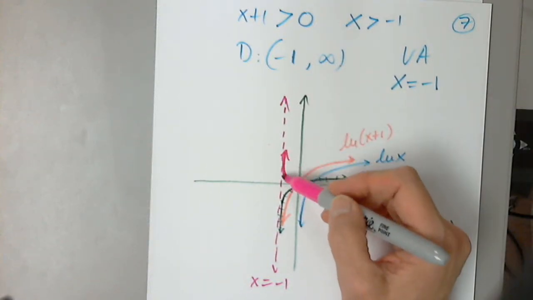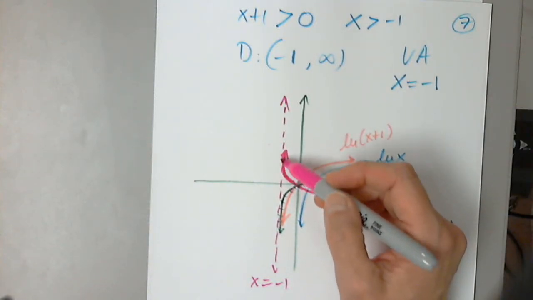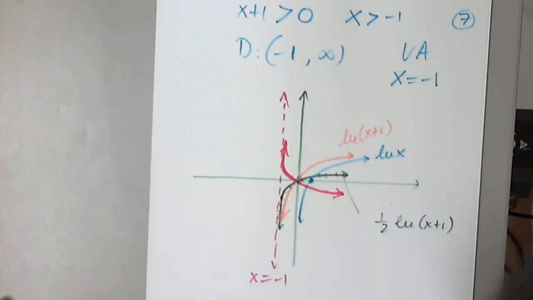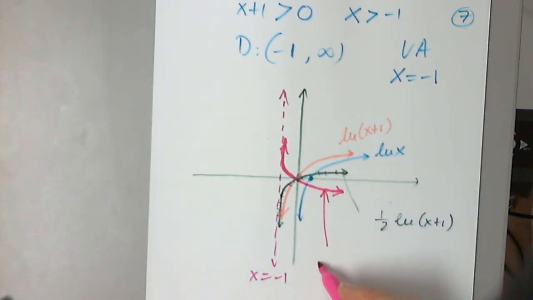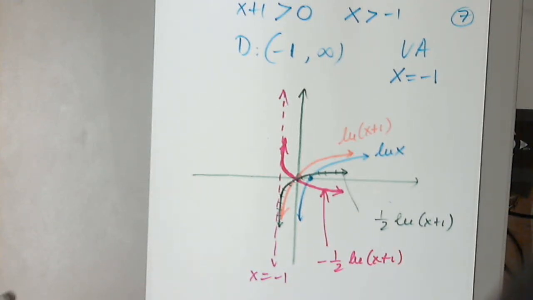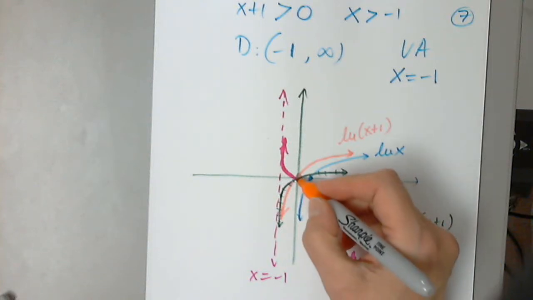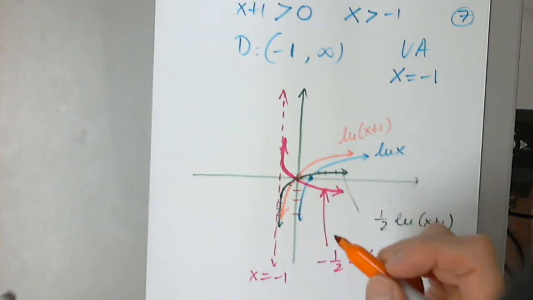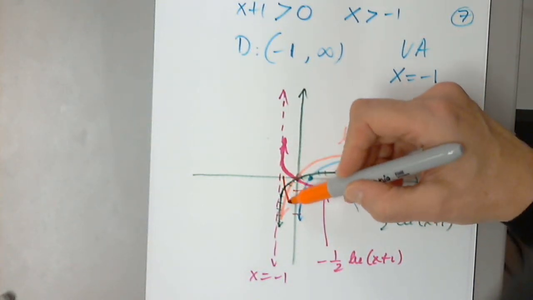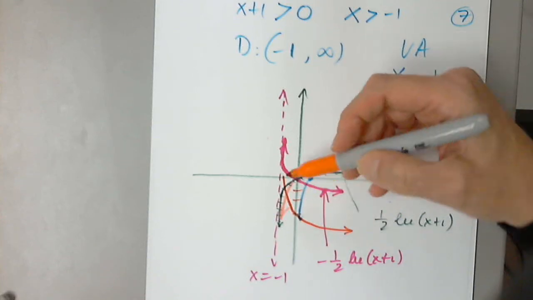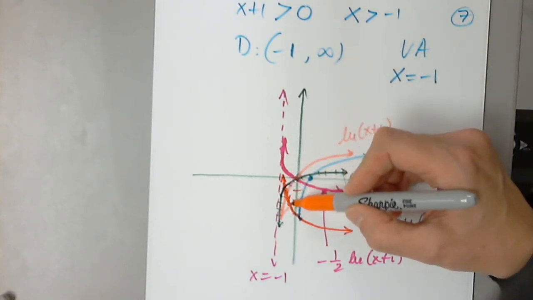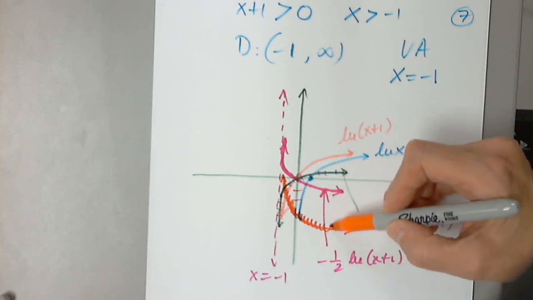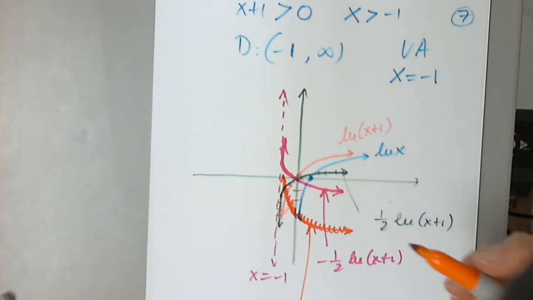It does not touch the vertical asymptote, please. It goes all the way, but not touching it. So this is negative 1/2 natural log x plus 1. And then you told me to shift everything down 3. So this point goes to 1, 2, 3. Here it is. This is the final graph.